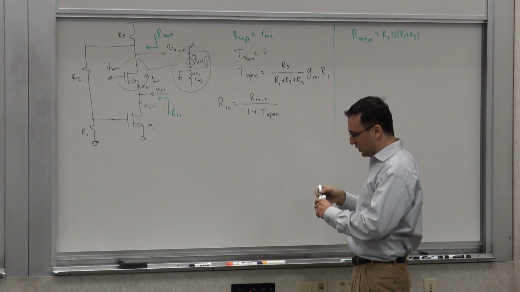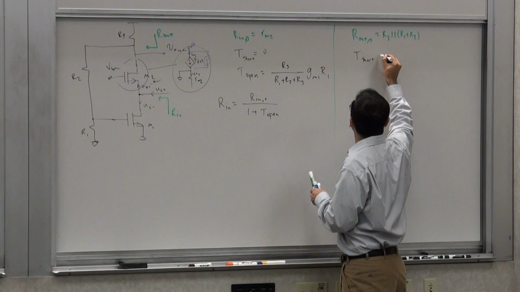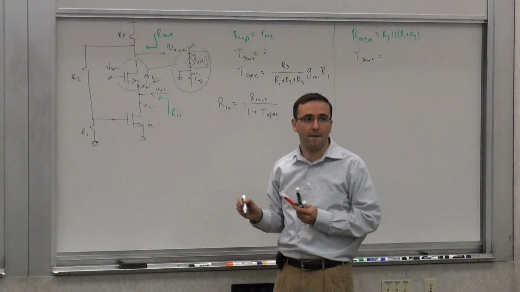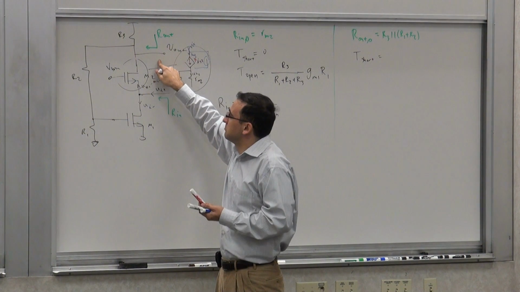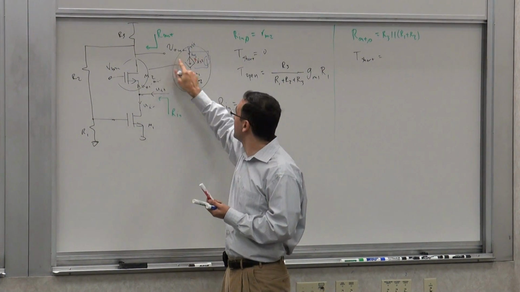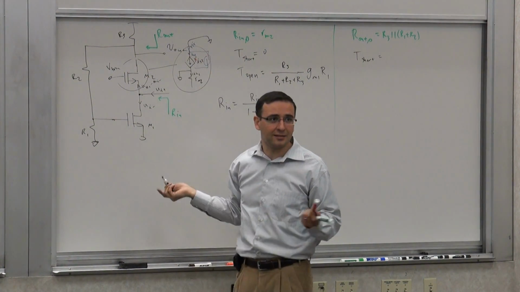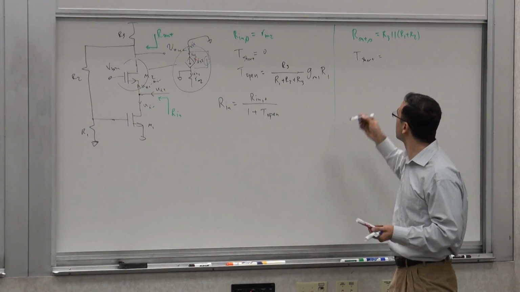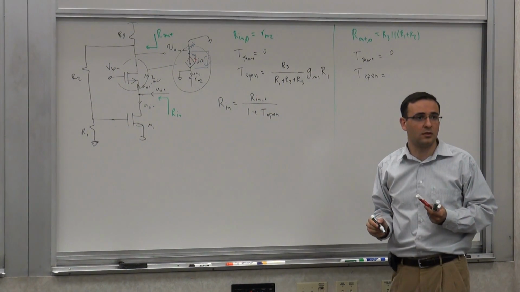What is T short? If I short the output, if I short this node to ground, what is my return ratio? Basically, I short it here to ground, nothing goes there to come back. Everything goes to ground, so this is 0. T open. What is it?